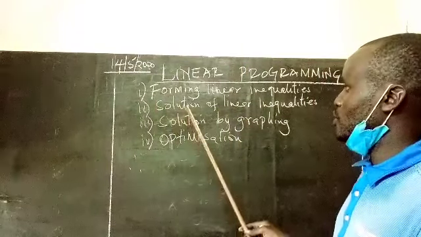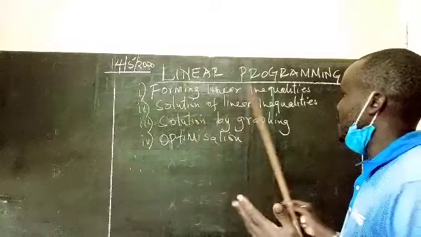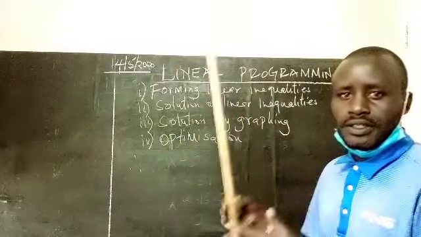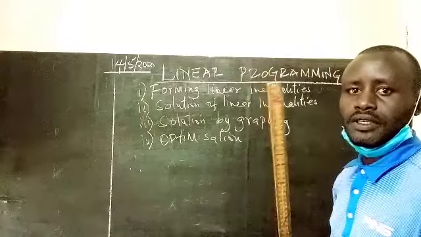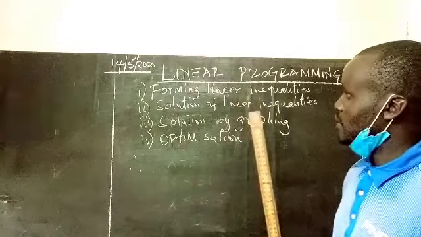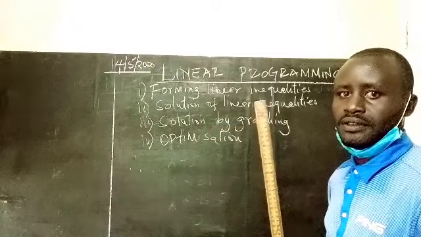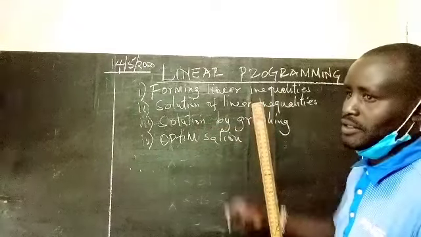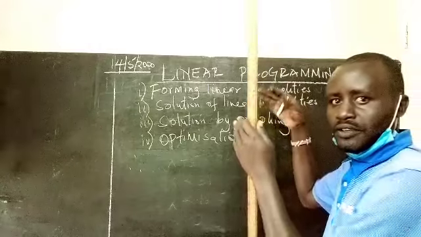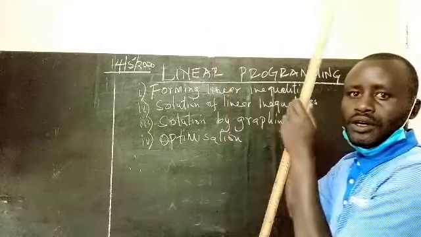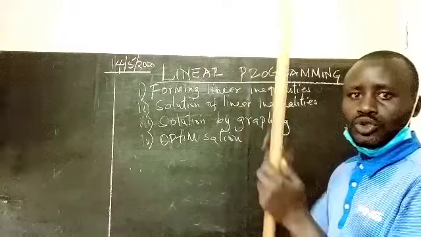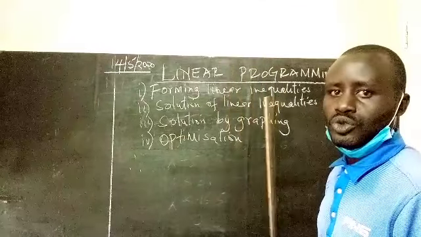2 is that we are going to talk about solution of linear inequalities, solving these linear inequalities we formed in the first subtopic. Then we have solution by graphing, using graphs to solve these linear inequalities, where we are going to represent the information we have after forming the linear inequalities. We are going to use it in graph to solve.